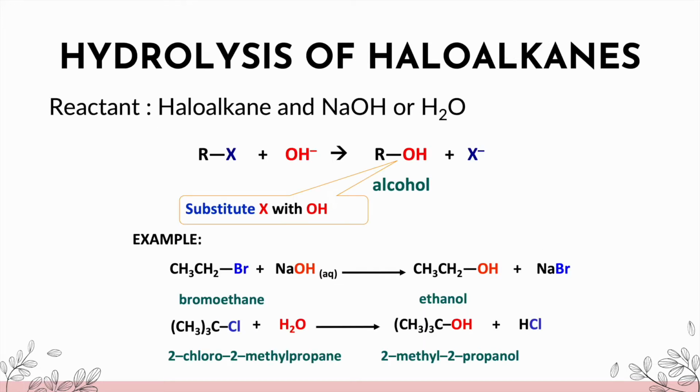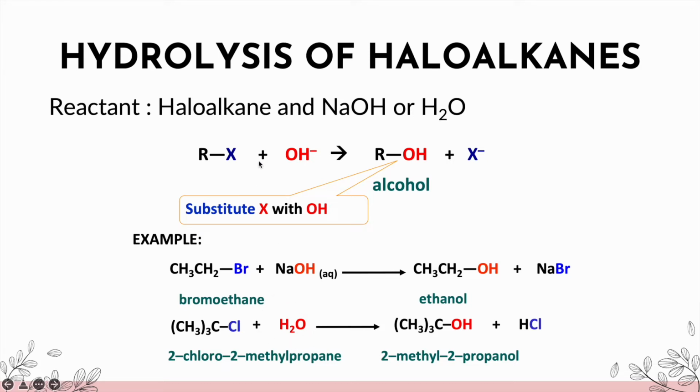The third way to prepare alcohol is hydrolysis of haloalkanes. Means we have haloalkane or alkyl halide reactant. We react it with NaOH or H2O, but the name is hydrolysis, so usually we react it with the water.